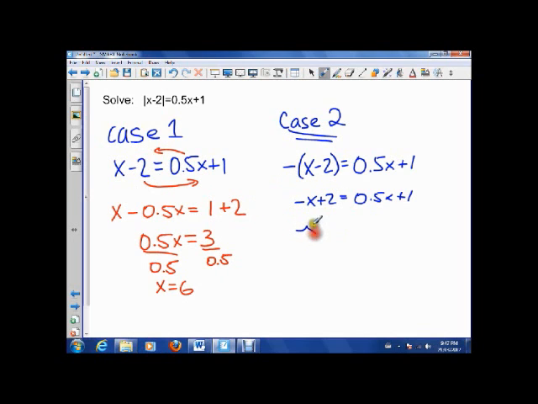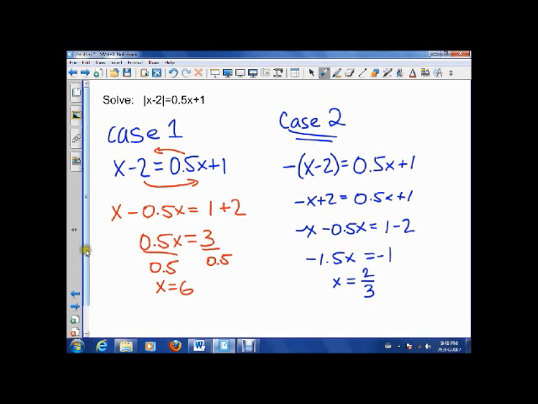I'm going to have negative x minus 0.5x is equal to 1 minus 2. So this is going to be negative 1.5x is negative 1. So x is 1 divided by 1.5, which ends up being 2/3.